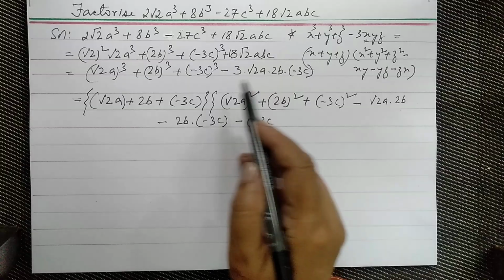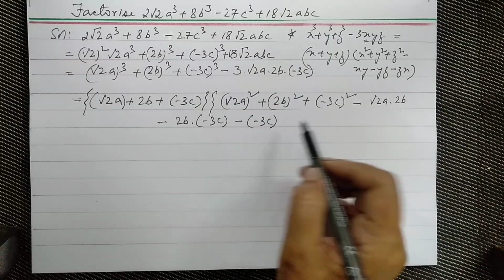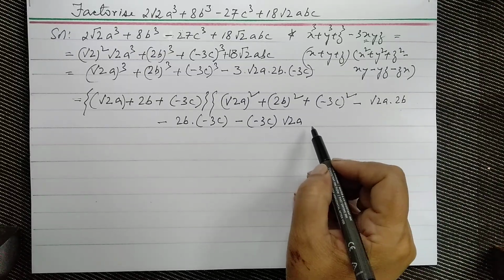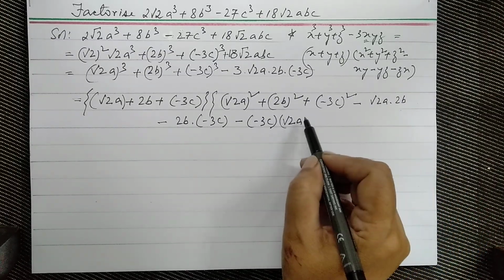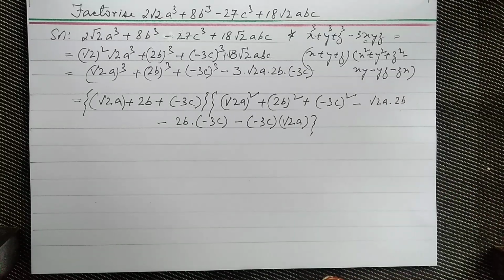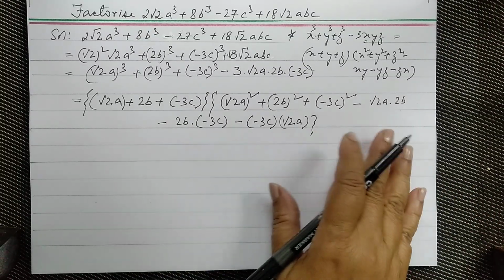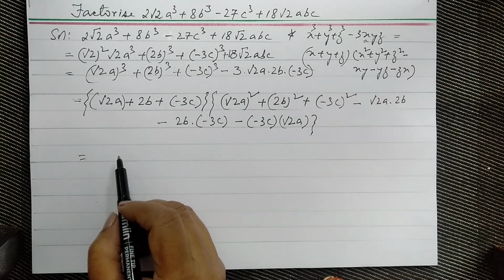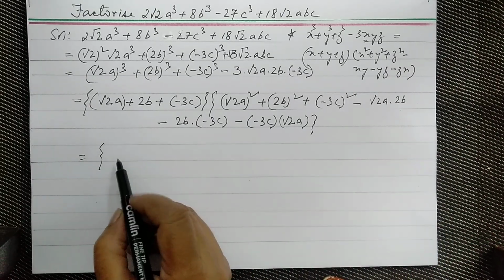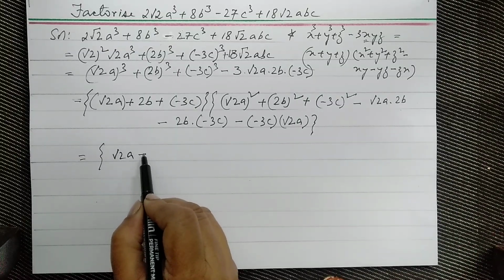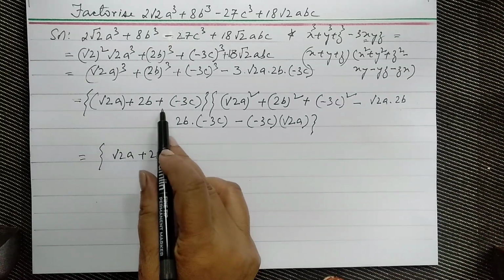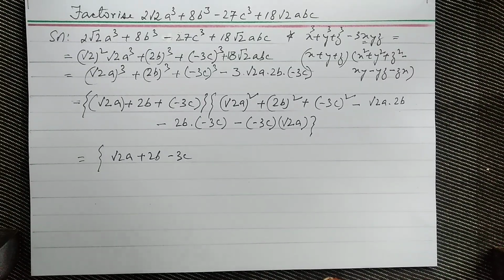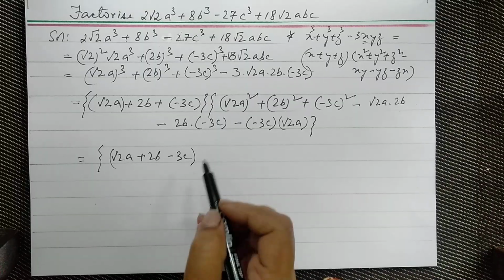Minus 3c, because z is this one, and x is root 2a. Alright, so let's close the curly bracket. Now when we solve this, we get our final answer. So let's see how we get it. So root 2a plus 2b plus minus 3c. You get it? So this is the first one.